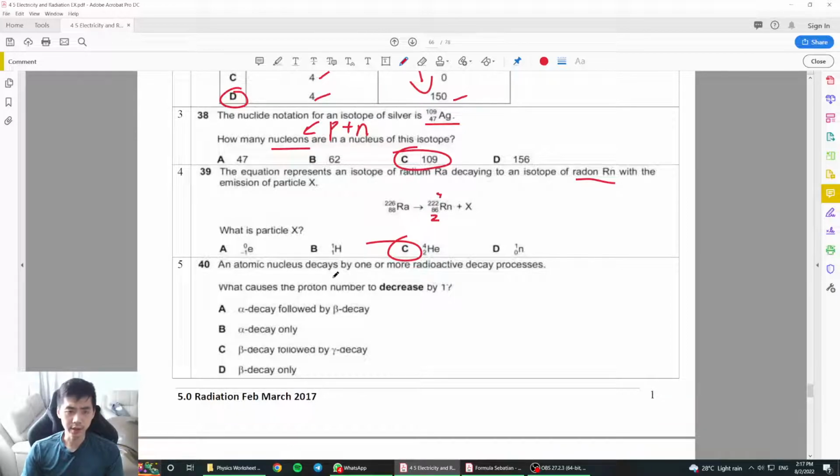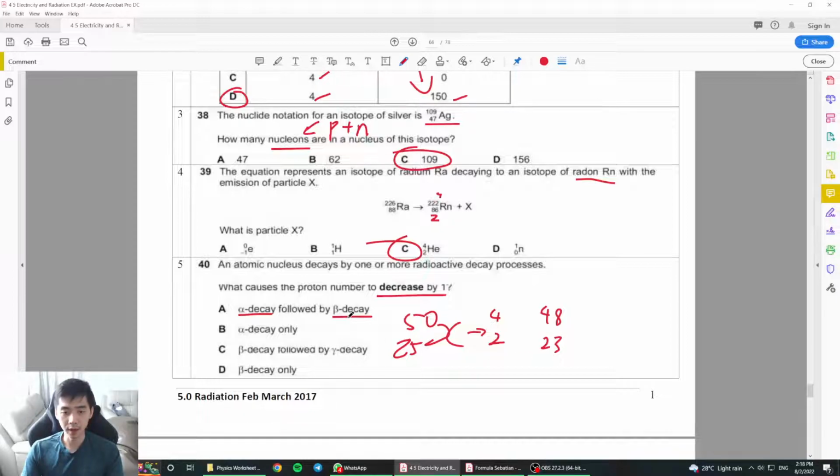An atomic nucleus decays by one or more radioactive decay processes. What causes the proton number to decrease by 1? Let's go for an example model. Here will be 50 and here will be 25. If I go with an alpha decay followed by a beta decay, what will happen? If it goes through alpha decay, it will be 4 and 2, so here will become 48 and here will become 23.